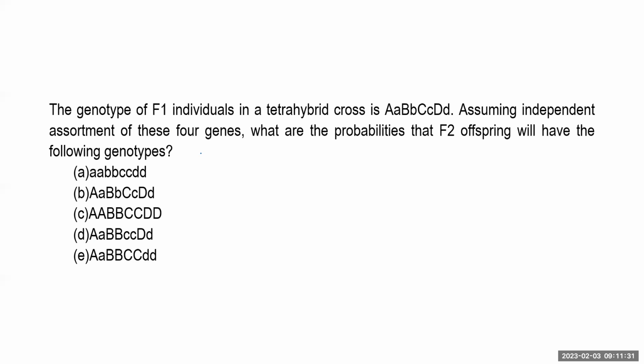It seems the cross is capital A, small a like this. It would be quite a huge Punnett square for this cross if you want to calculate the probabilities. So we use the shortcut method we learned to calculate the probabilities of A, B, C, D, and E.